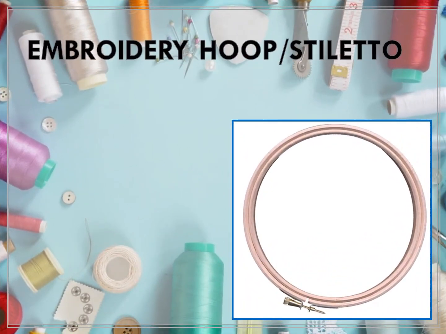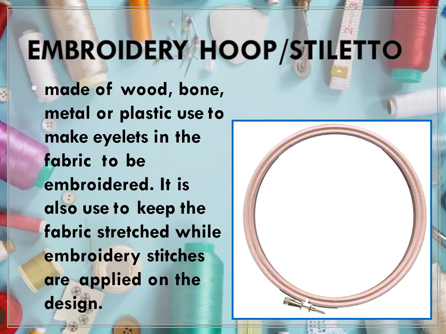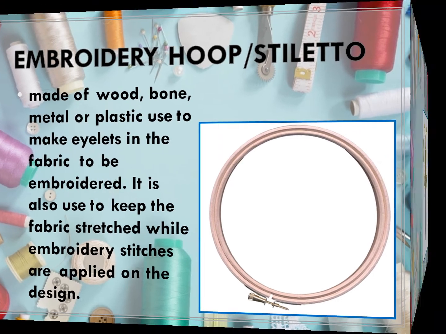Embroidery hoop or stiletto is commonly made of wood, bone, metal, or plastic, used to make eyelets in the fabric to be embroidered. It is also used to keep the fabric stretched while embroidery stitches are applied on the design.